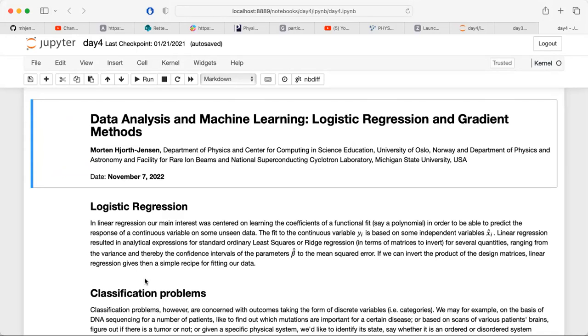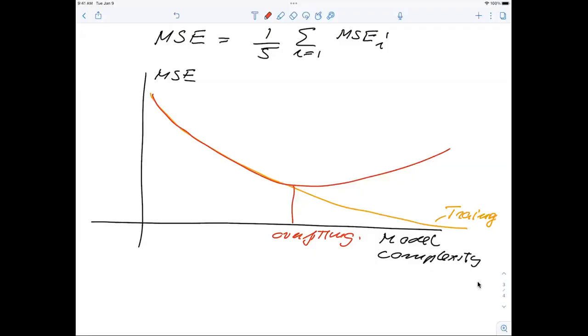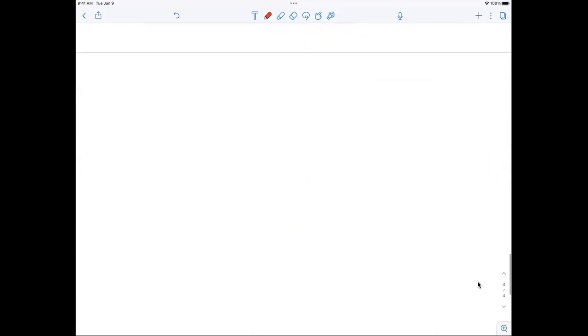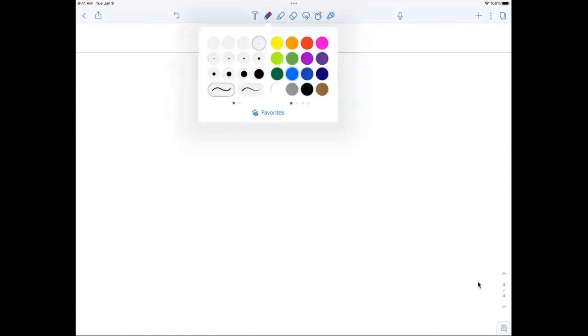So just to give you a feeling of the type of fits which we can make, let's now switch quickly to the whiteboard and take a look at a typical problem, which is a very frequent problem in science. Suppose we have a data set that looks like this.